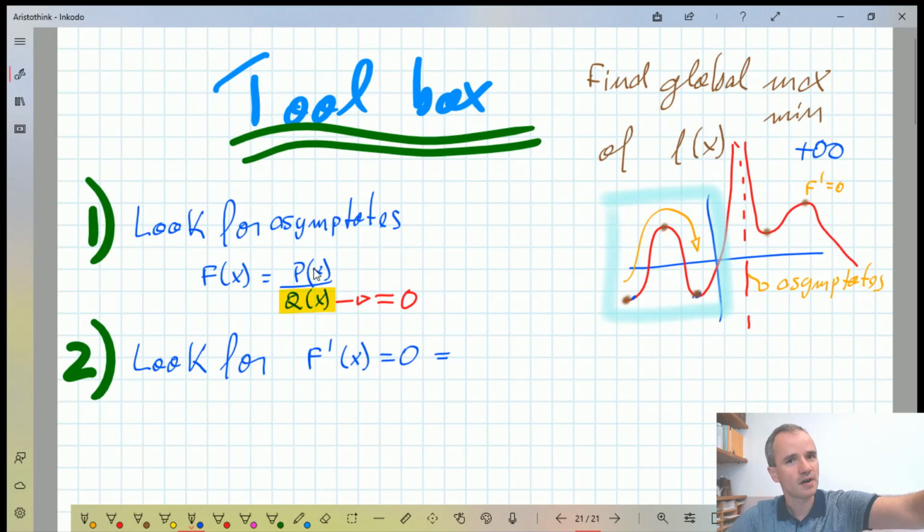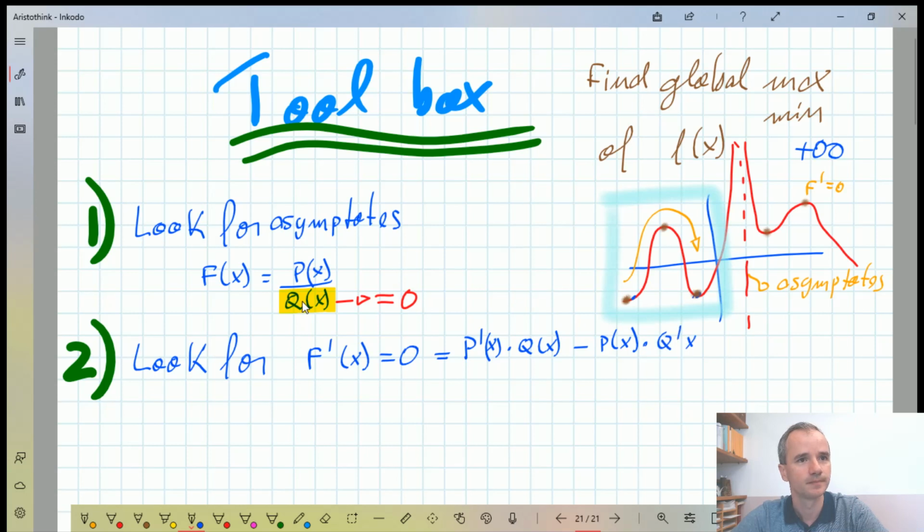Derive the first function, the numerator, copy the second, minus, now reverse: copy the first one and derive the second one, and divide by Q of x squared. Okay, this is the quotient rule.